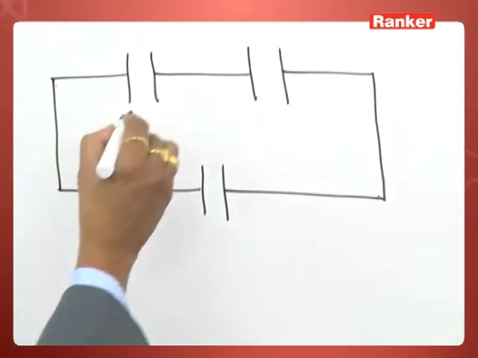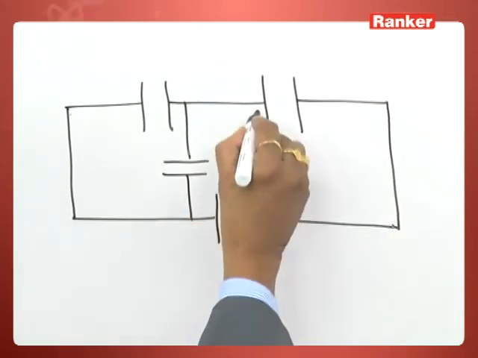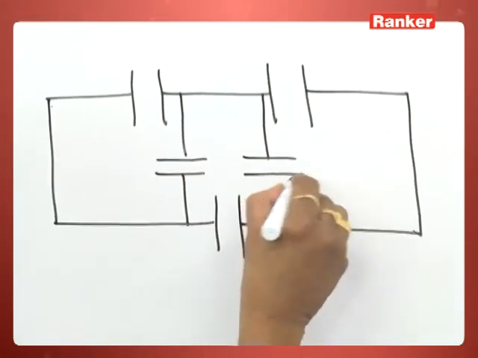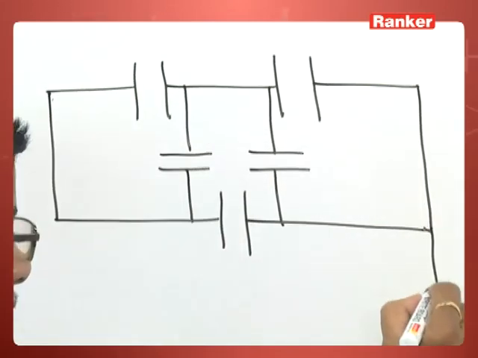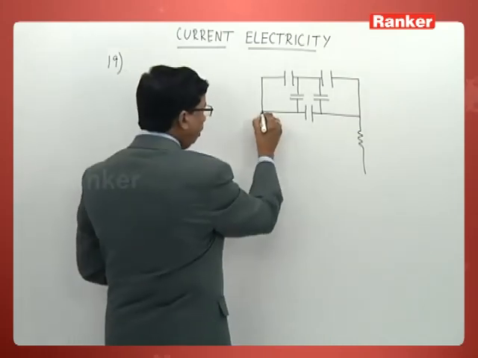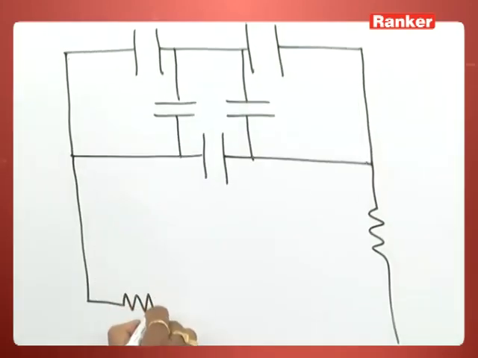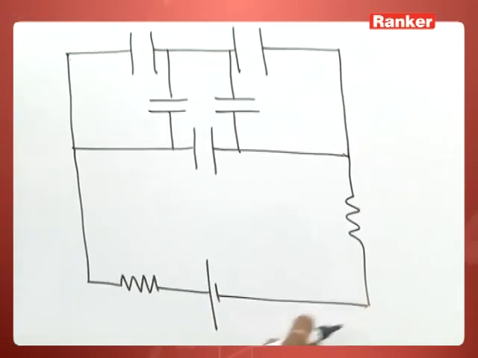You can now understand one capacitor is connected here, one more capacitor connected here. And one resistance is connected here and one more resistance is connected here. Along with that, a cell is connected this way.